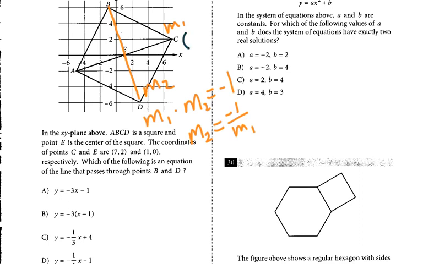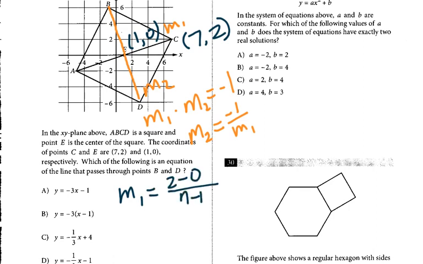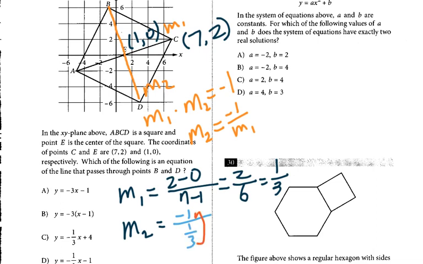So I will label the coordinates: this will be (7, 2), and E will be (1, 0). So what's the slope for M1? It will be (2 minus 0) over (7 minus 1). So I will get 2 over 6, which is 1 over 3. And for M2, I will get the opposite and then the reciprocal of that. It will be -1 over 1 over 3. So bring 3 to the top, I get -3.